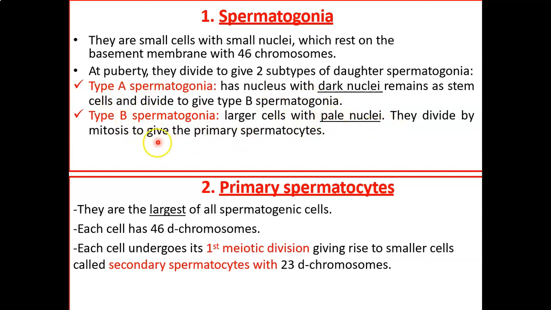They divide by mitosis to give primary spermatocytes. Primary spermatocytes are the largest of all spermatogenic cells. Each cell has 46 D chromosomes, and each cell undergoes its first meiotic division, giving rise to smaller cells called secondary spermatocytes with 23 D chromosomes.